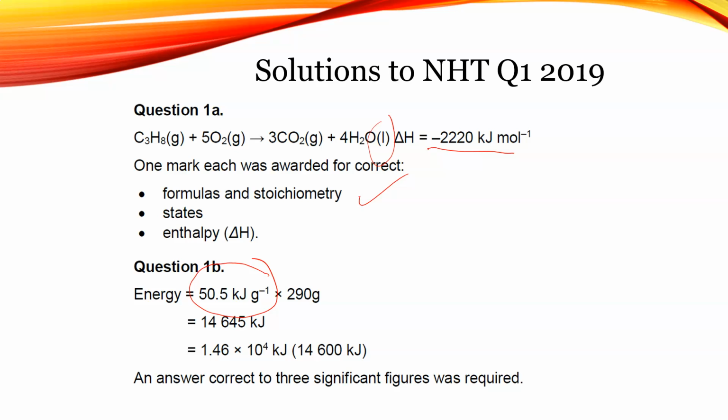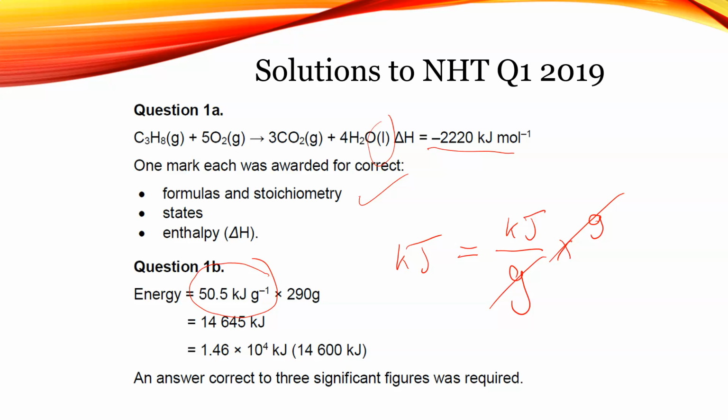Now see, you can see that from the unit. So energy units are kilojoules. And if we've got the units of kilojoules per gram and we multiply it by gram, the grams are going to cancel out and we've got our answer in kilojoules. So that's a way to know that you've used the right formula.